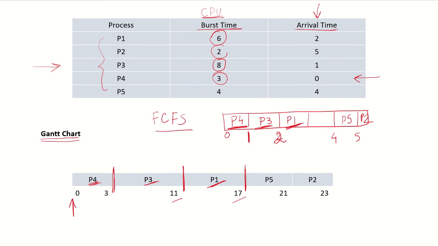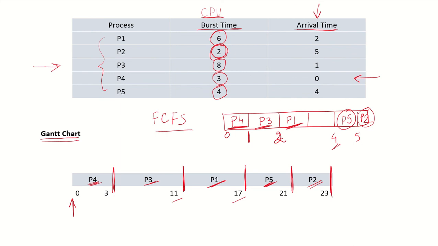After that, in the queue, we have P5 which arrived at time 4. So it is waiting in the ready queue, and now P5 is given the CPU. Burst time of P5 is 4. So from 17 to 21, P5 will execute and then the CPU will be allocated to P2, which has a burst time of 2.